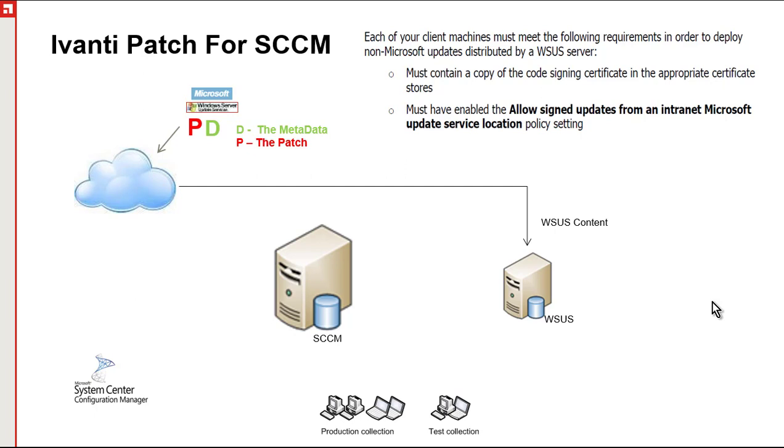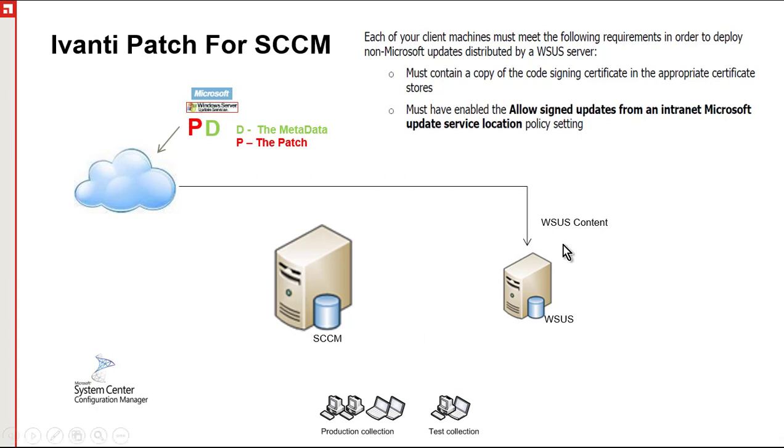Now, to be more specific, that red P, that patch, the actual MSI, MSP, or EXE, is encapsulated in a CAB file, nothing more than a zip file, but it's got a .cab extension. So we store that CAB file and we digitally sign it. Microsoft digitally signs that content and puts it into what's called the WSUS content directory.